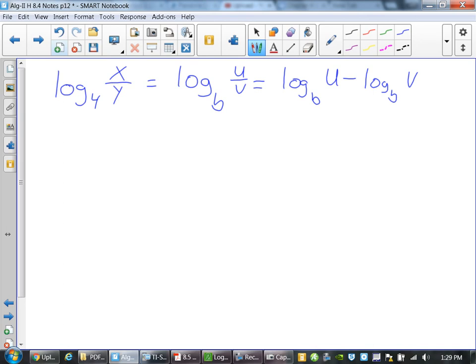That's how you split up a division problem. And again, the advantage of this is so that you can simplify either the numerator or the denominator depending upon the log base. So this example here would be log base 4 of x minus log base 4 of y.